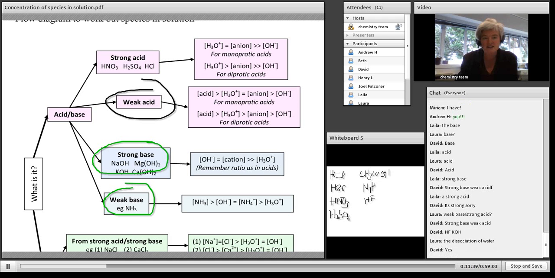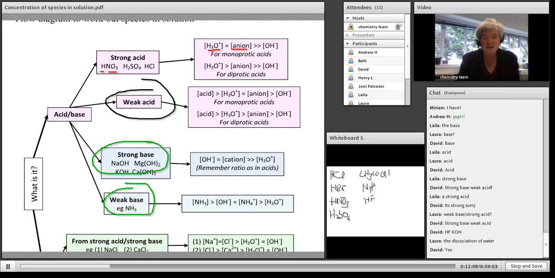We're dealing with acids. If I've got a 1:1 ratio, so in other words, nitric acid is 1 hydronium ion to 1 nitrate, or hydrochloric acid is 1 hydronium ion to 1 chloride, I will have equal amounts of cation to anion. And as I say, always support your explanations with equations.